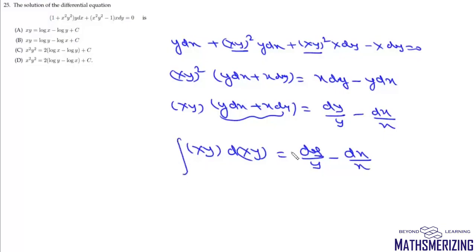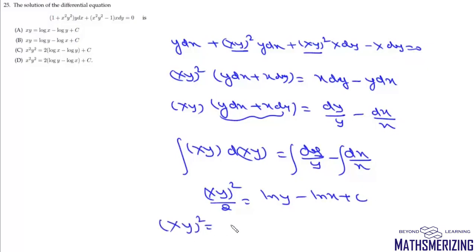So we'll integrate, we'll get (xy)²/2 equals log y minus log x plus c. So the answer to this question will be (xy)² equals 2 times (log y minus log x) plus 2c, which is again a constant c. And that's your option number D.